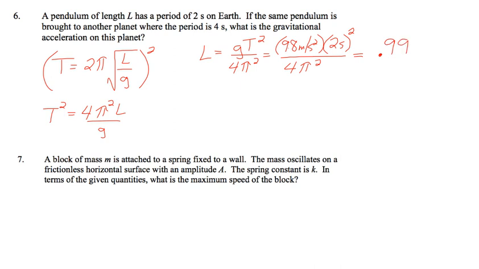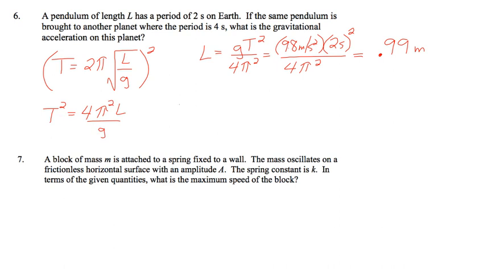So 0.99 meters. And now that I know the L, I'm going to take this equation and solve it for g on the new planet, because we want to figure out what the gravity is on this other planet. Since I already have this g representing g for the Earth, I'm just going to move the g up there and the T squared down there.